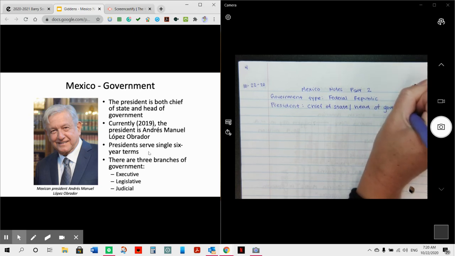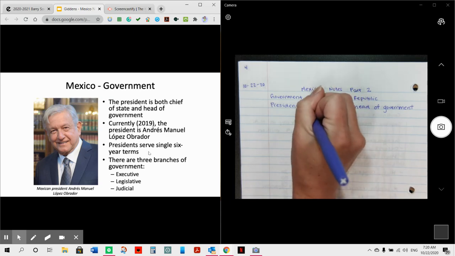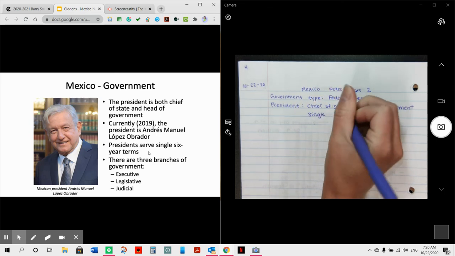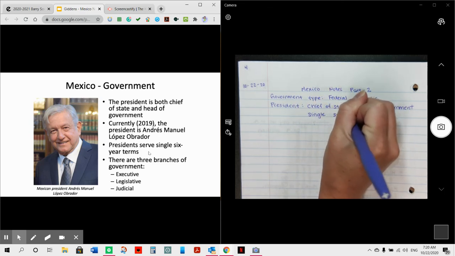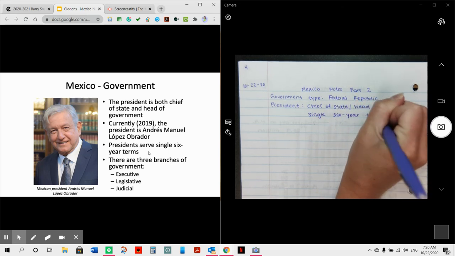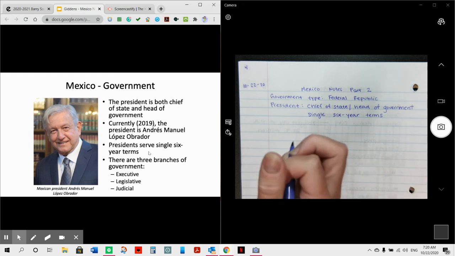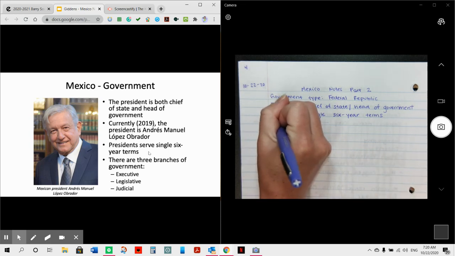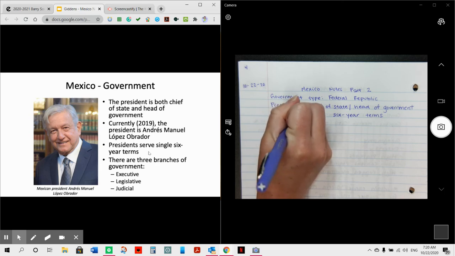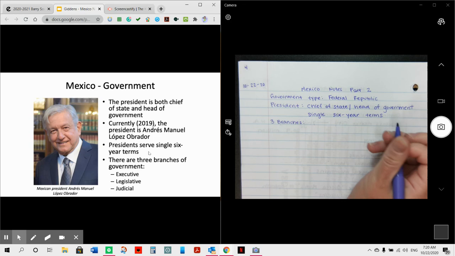And then some more facts about the president is that they do single 6-year terms. And they have 3 branches. So we're going to write 3 branches, then a colon, then we'll write out the 3. So executive, legislative, and judicial.